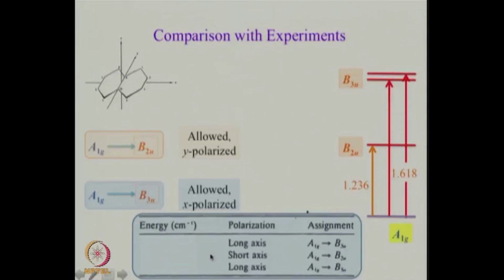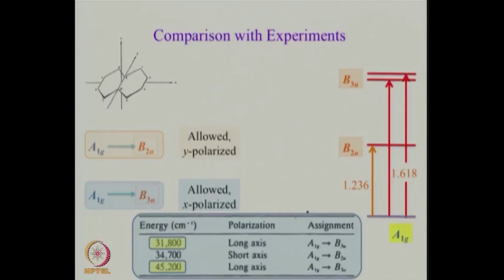Now, the expectation is that the energy for the short axis polarized transition should be lower than the other 2, and the other 2 should have the same energy. That is the expectation. This is the reality. It is true that the transition polarized along the short axis has the lowest energy.